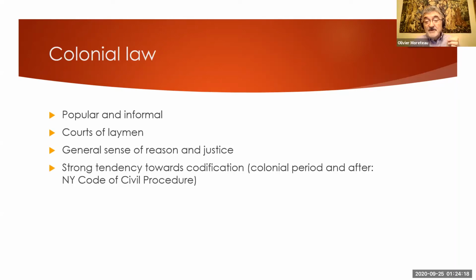And also, you note a strong tendency towards codification, since a number of colonies arranged their laws in the form of a code. This has been the case during the colonial period, but also after independence, as we will see in a moment with the New York Code of Civil Procedure.